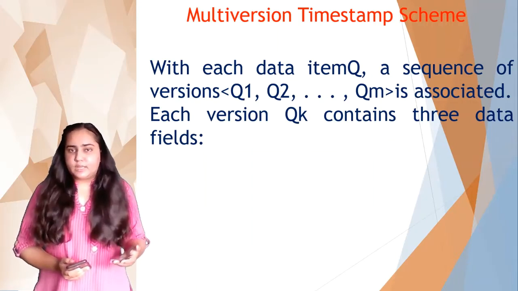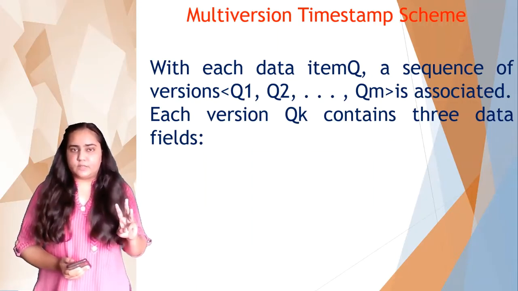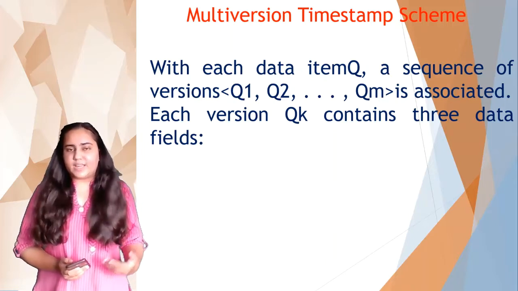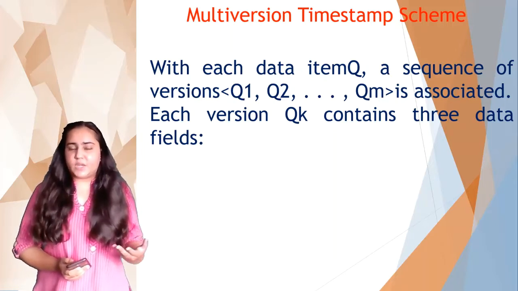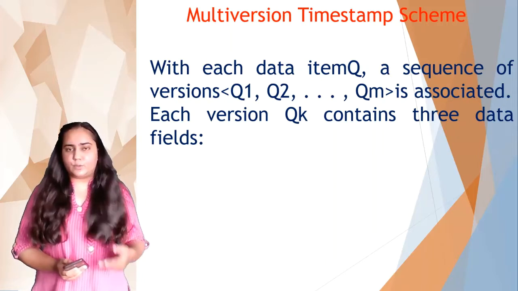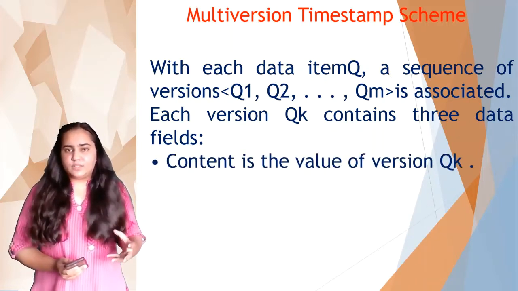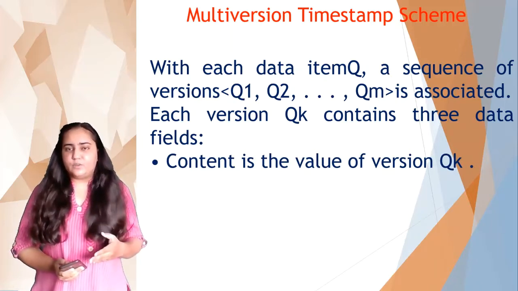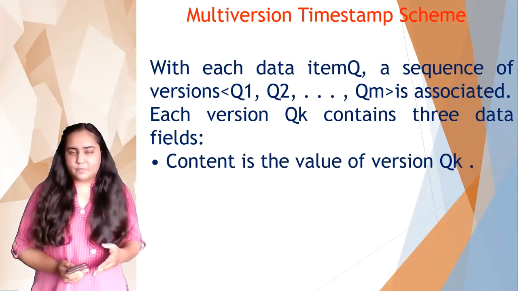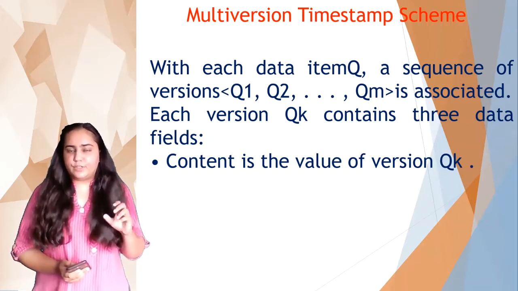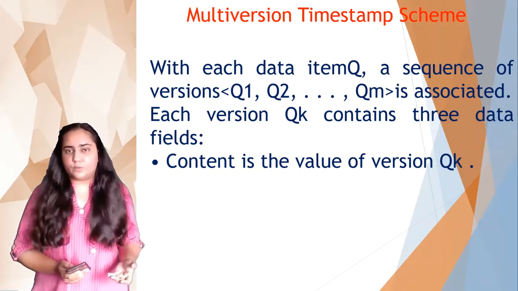Each version Qk contains 3 fields. Each data item has different versions, and each version Qk, where k can be anything from 1, 2, 3 up to M, contains, number one, content, which is the value of the version Qk. It's not necessary that each version of Q will have the same value.